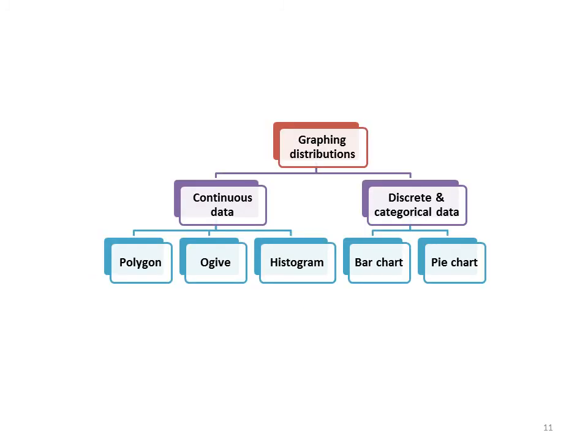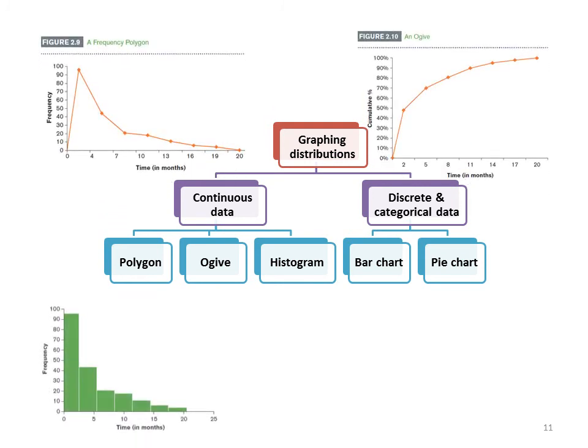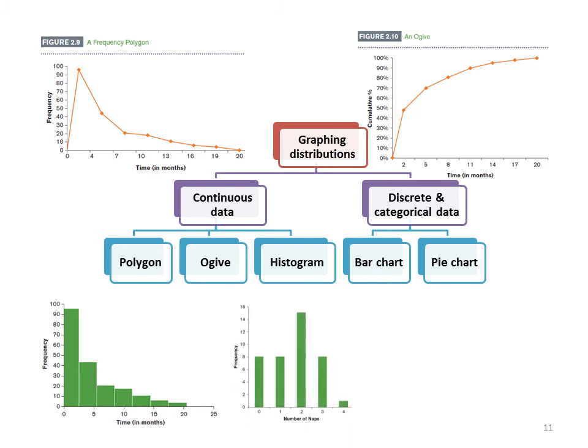Instead of tables, we can display frequency data in graphs. For continuous data, we can use polygon, ogive, and histogram. For discrete and categorical data, we can use bar charts and pie charts. Both polygon and ogive are dot and line graphs.